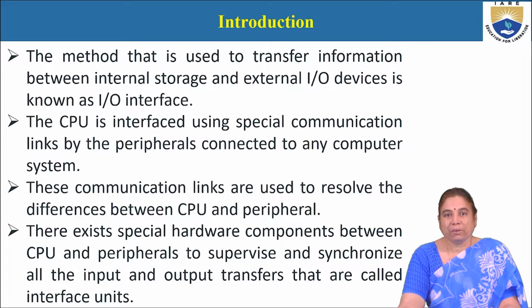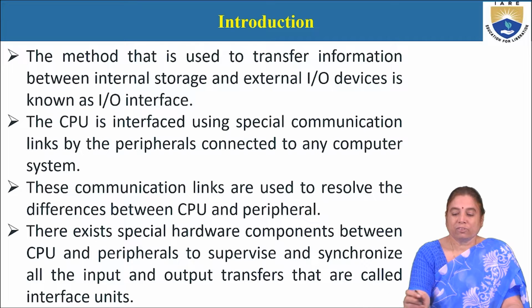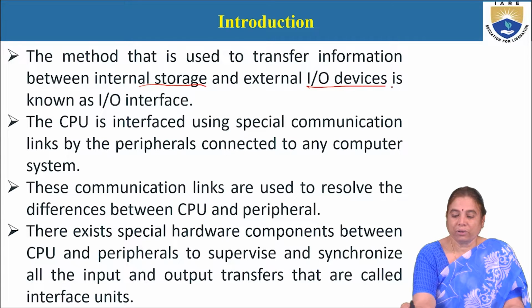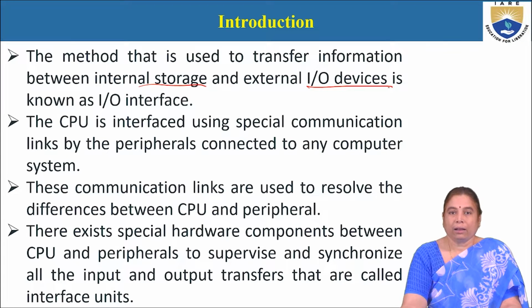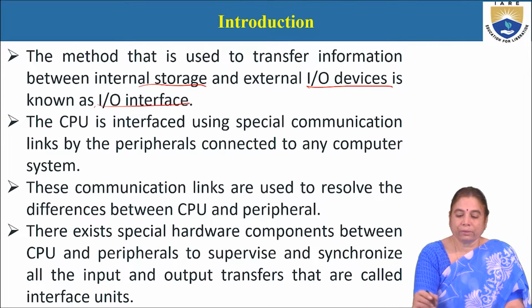Those results can be fetched and represented in a user understandable form using output devices. So between the internal storage and external IO devices, the transfer of information can take place with the help of the IO interface.